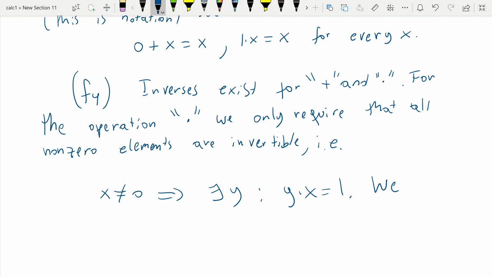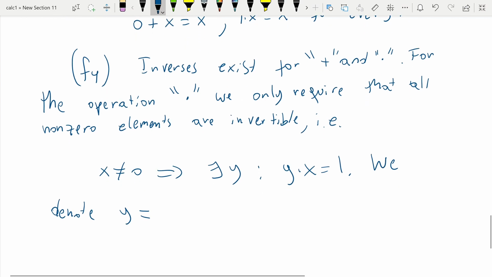And we denote y as to be x minus 1 in that case.